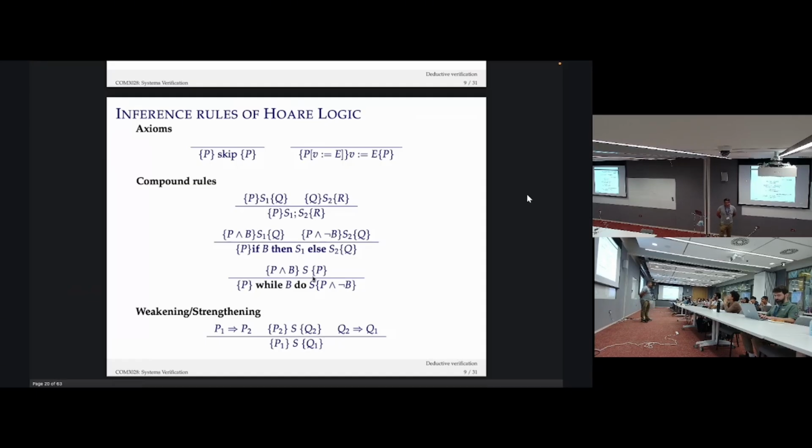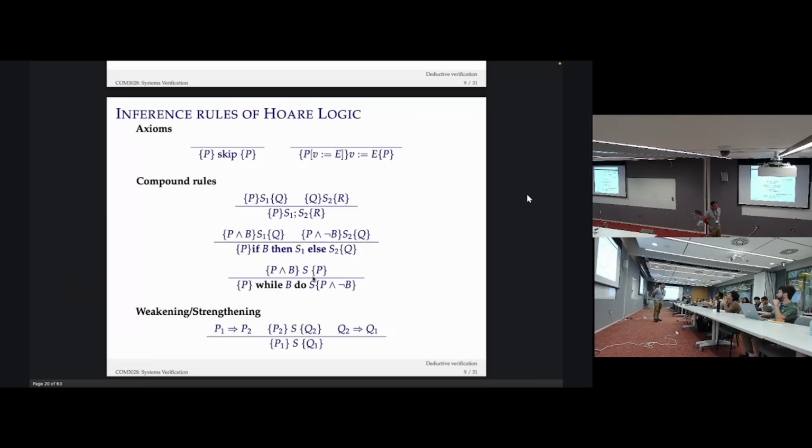Shouldn't the assignment have the substitution on the right side? That's a common mistake, but no, it's on the left. It goes the other way. So what do you mean by P, is there any variable V occurring inside P?